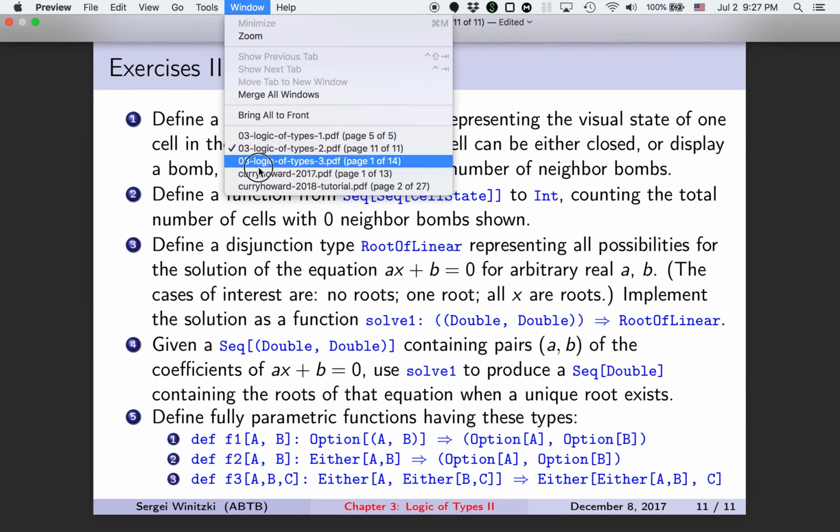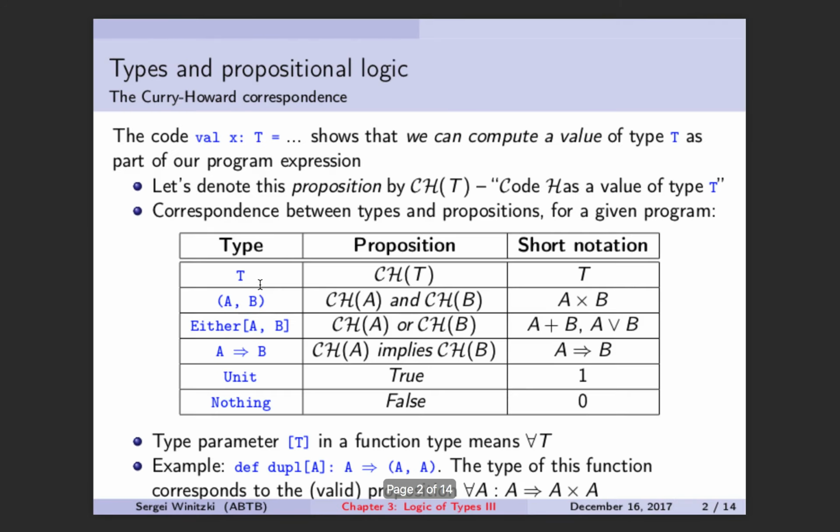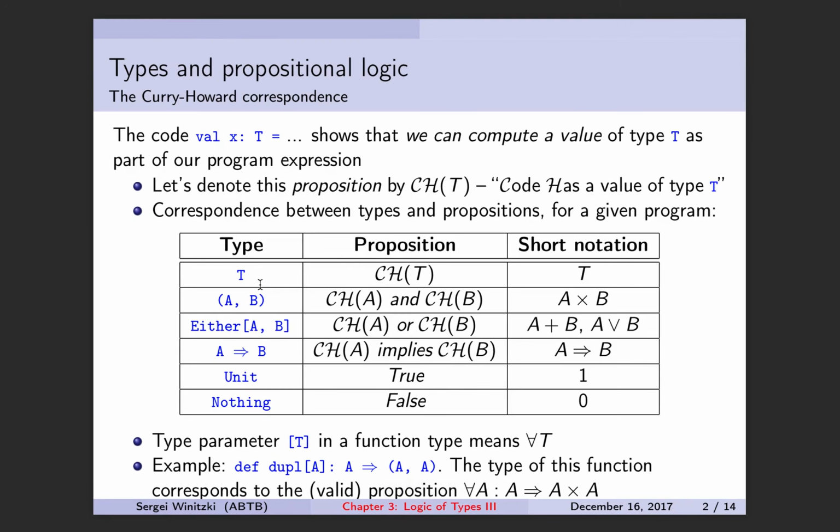In the third part of this chapter, I discuss the Curry-Howard correspondence, which is an important idea that is based on the types that we have seen so far.